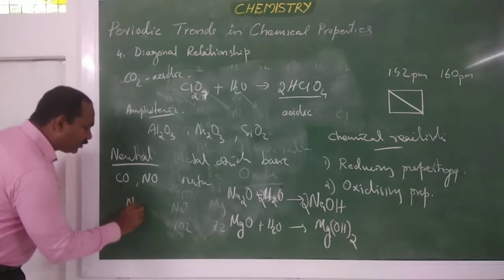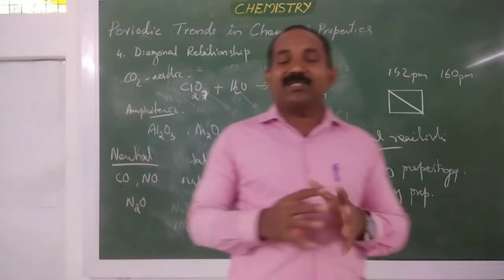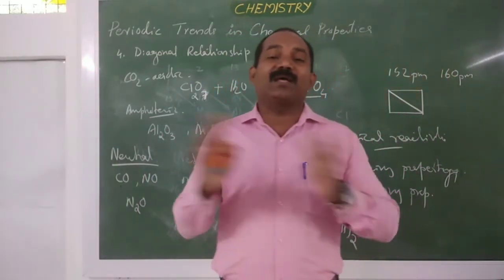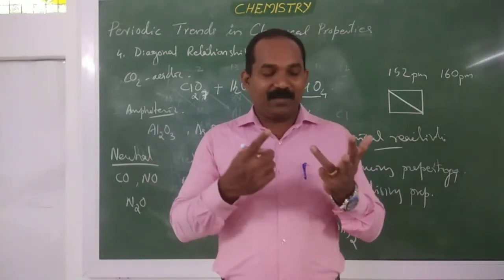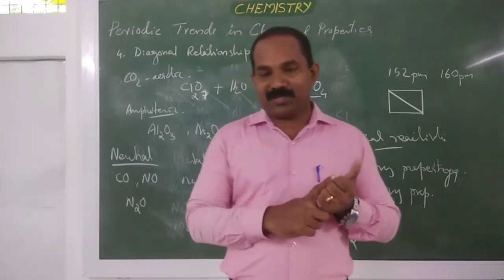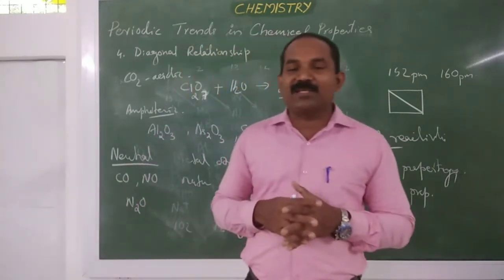N2O, nitrous oxide, also known as laughing gas, is a neutral oxide. So oxides can be classified into four: acidic, basic, amphoteric, and neutral oxides. Remember that.